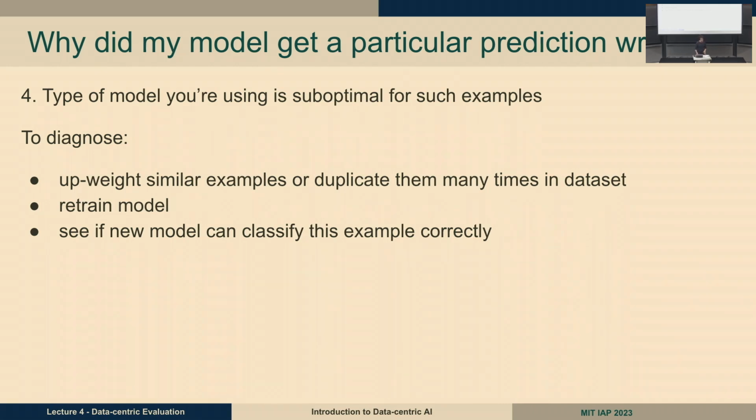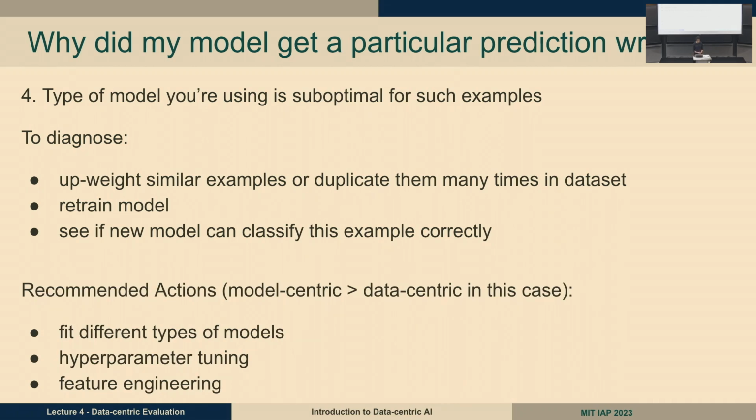Here you're trying to see if you forced your model to really focus on just this example and examples like it, would the model even get better or not? So you can try upweighting similar examples or duplicating them a bunch of times in the data set, retraining the model and seeing if the model has gotten better. And if it's still not better, you might really want to try a different kind of model if you really want to get this example's prediction correct.